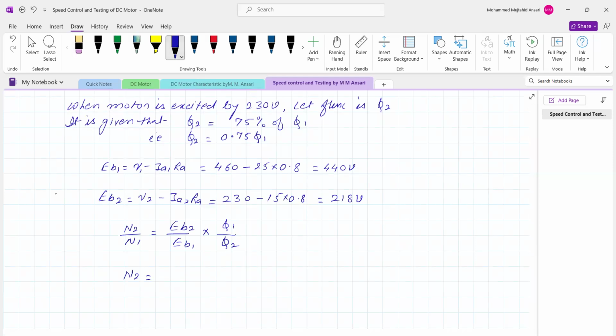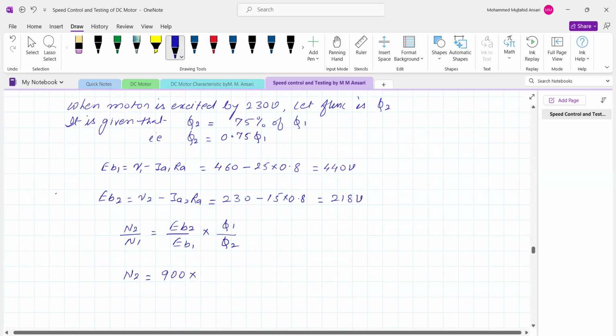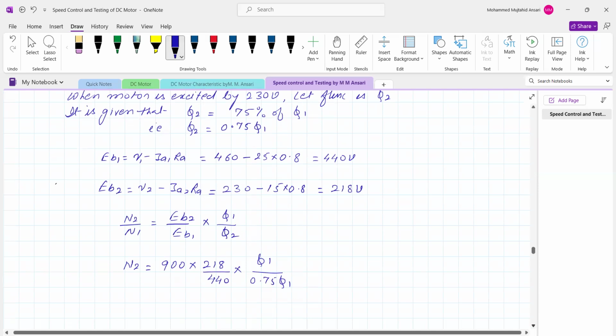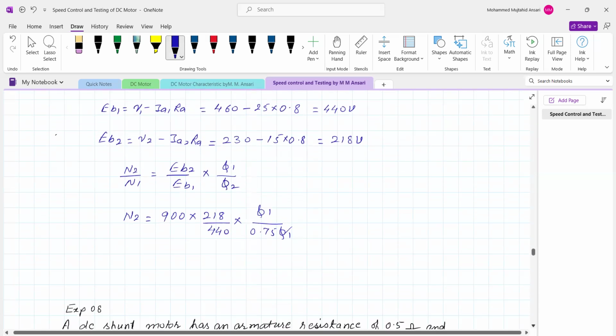It is 900 RPM multiplied by EB2, 218, divided by 440, multiplied by the flux phi1 and flux phi2 is 0.75 phi1. So phi1 gets cancelled, and speed N2 is equal to 594.5 RPM. So this is the answer.